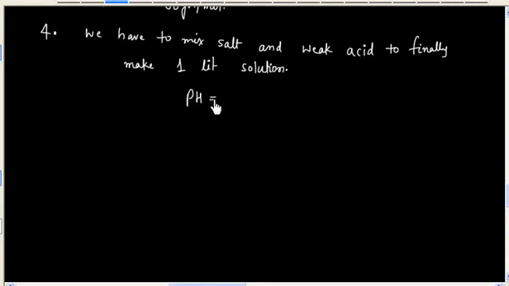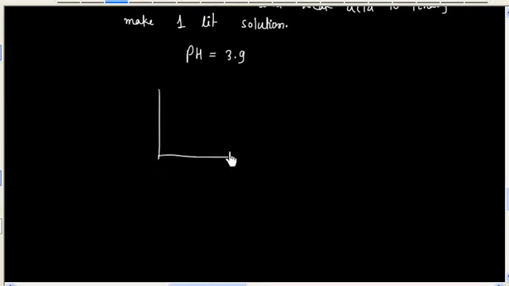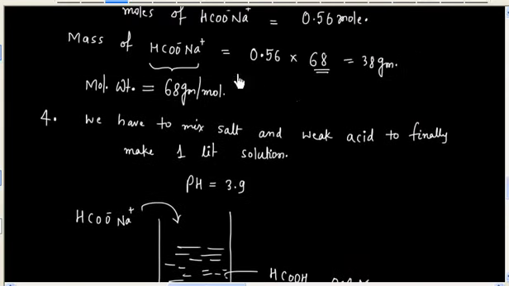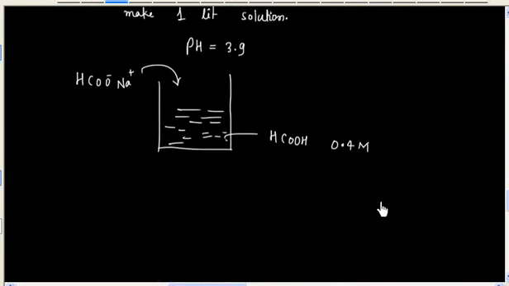So we can prepare this buffer of pH 3.9 by taking weak acid, formic acid of concentration 0.4 M and adding sodium formate, that is salt of weak acid, and the weight of sodium formate is 38 gram.